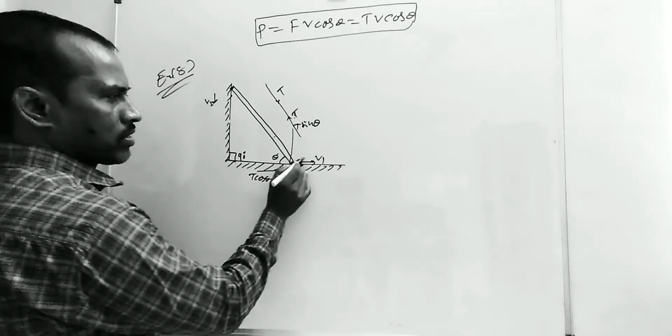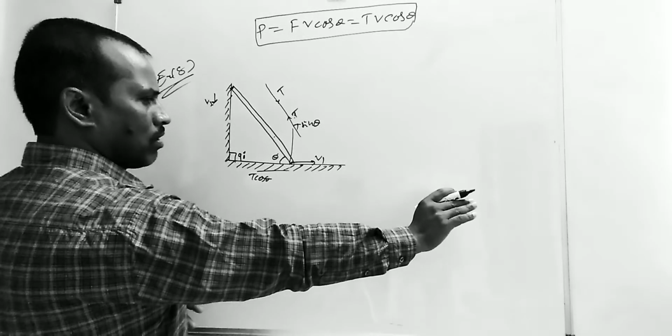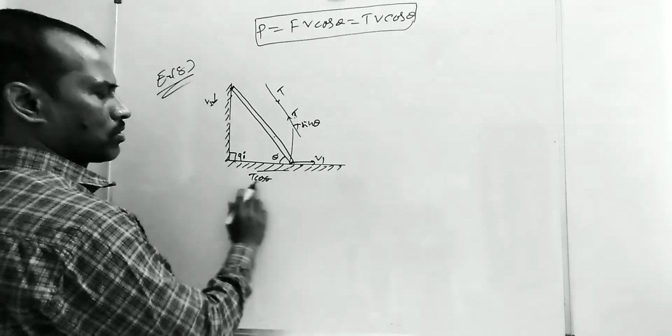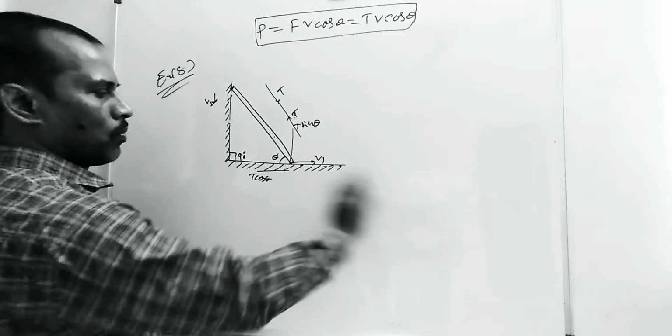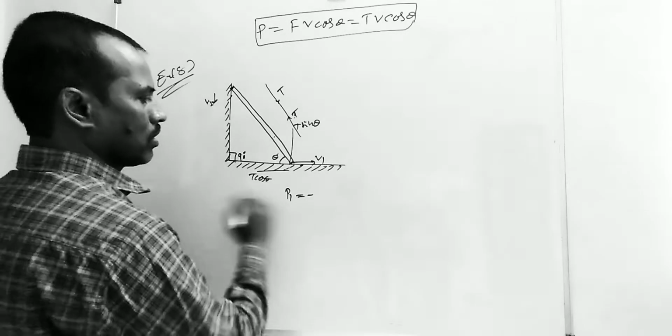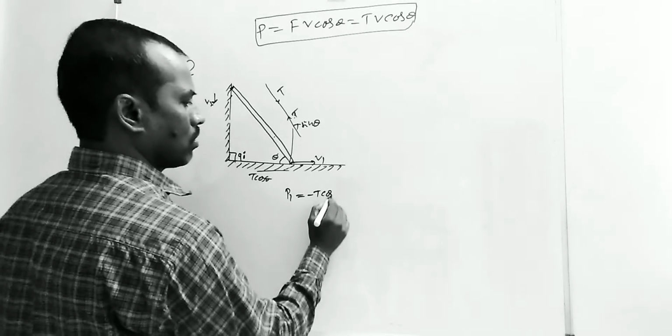The velocity is in the forward direction along the horizontal, and the tension force along the horizontal is backward, so both are in opposite directions. So P1 is equal to minus T cos theta V1, a negative value.